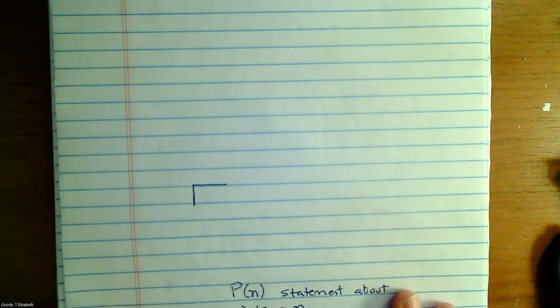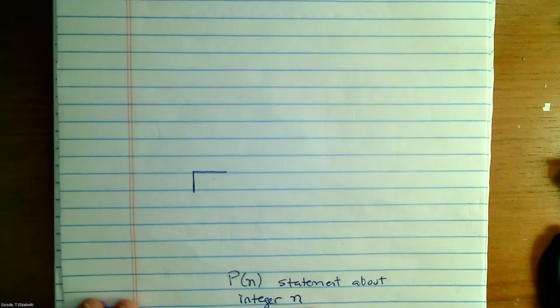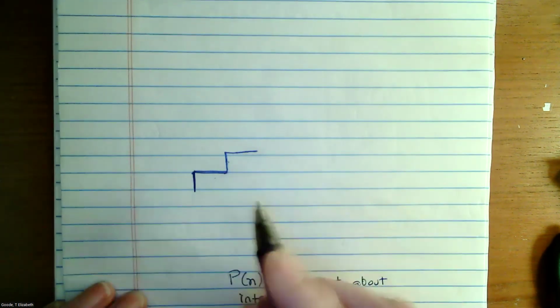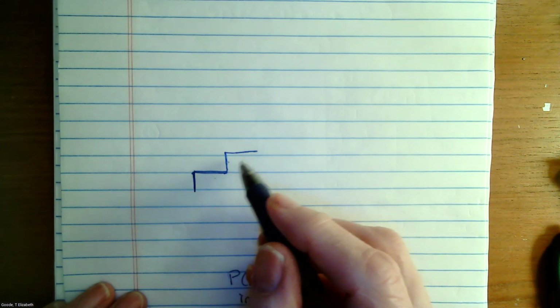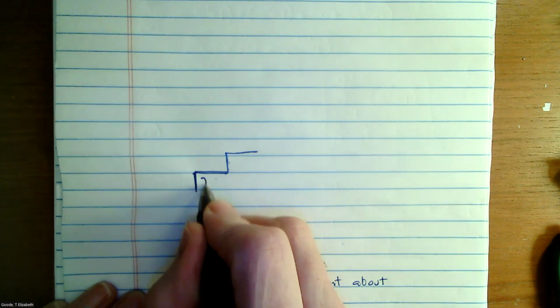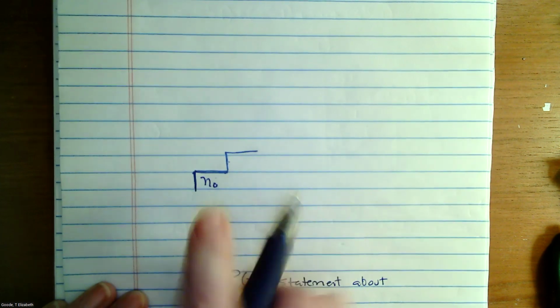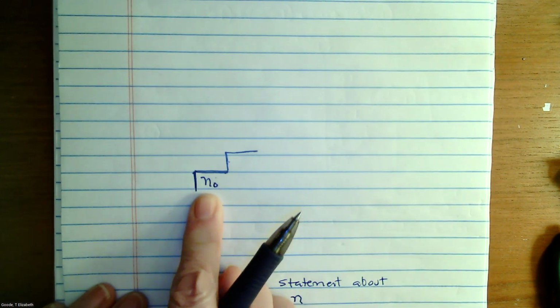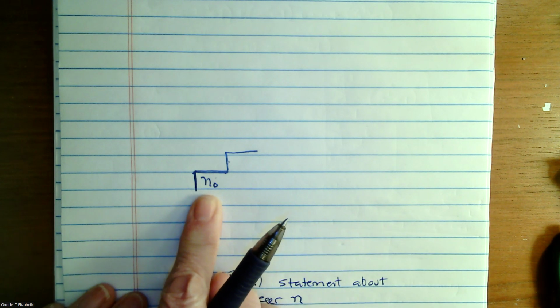And the idea is you want to prove that it's true no matter how large n gets. So the idea behind proof by mathematical induction is this. We want to get onto this staircase, and we can imagine these steps as representing the integers for which the statement is true, like n naught could be the lowest level integer for which the statement starts to be true.